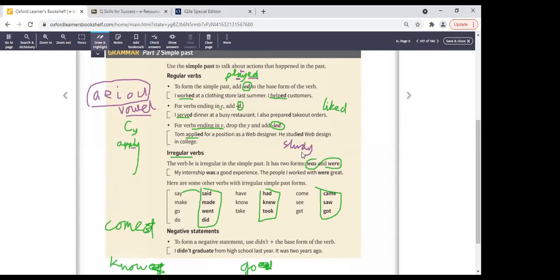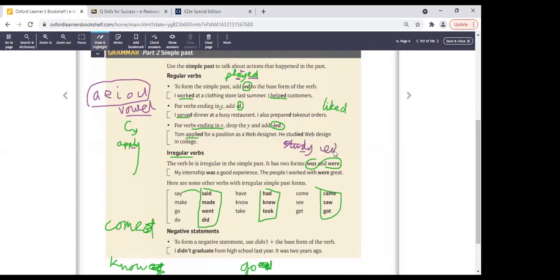What comes before the Y? A D. The D comes before the Y. So this again is our consonant, and then the Y. So this will change to IED.